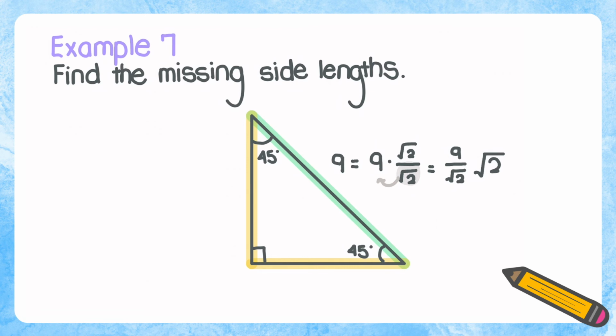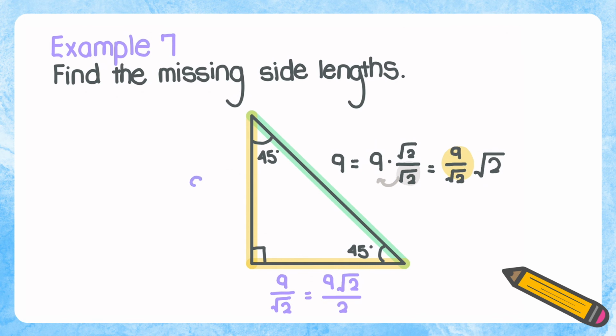So now I have the form we're used to where it's something times radical 2. So I know that the leg length is 9 over radical 2. But remember, we want to rationalize the denominator. So instead, we'll write this as 9 radical 2 over 2.